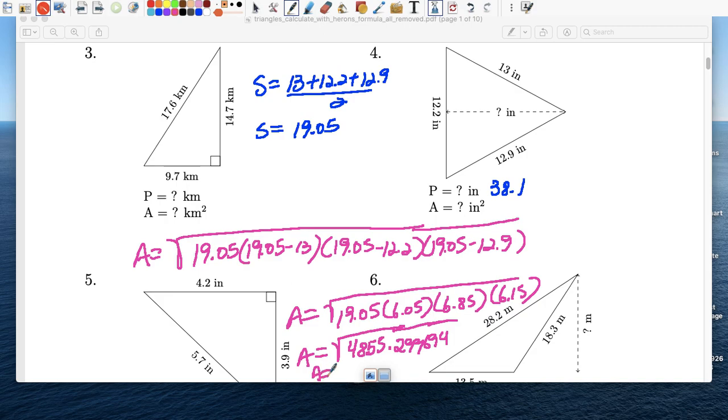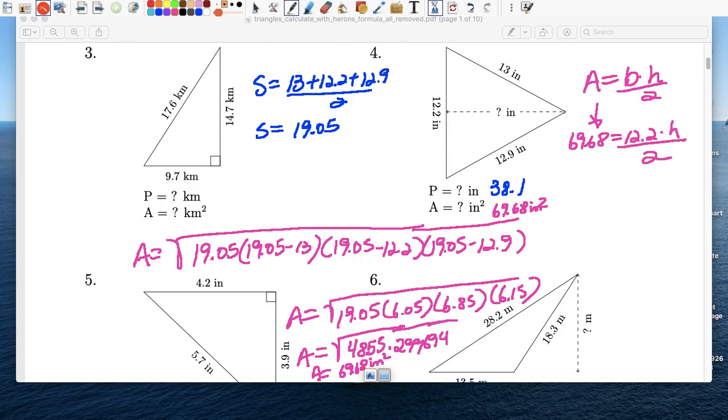So the area of your triangle is 69.68 inches squared. I'm going to write this right here, 69.68 inches squared. Now that I have the area, I can use base times height divided by 2 to find the height, right? Because they're asking us for the height. So this becomes 69.68, the base is 12.2, and the height is what we're after. You can cross multiply if you like, or multiply both sides by 2, whatever you want.